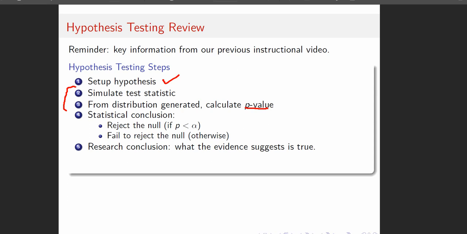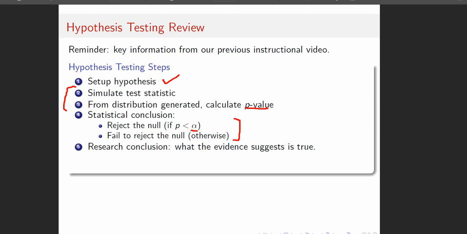And so we have two possible statistical conclusions. If p is less than 0.05, remember we said that the standard alpha we use is because of the lady tasting tea example with the father of modern statistics, Ronald Fisher. We use alpha equals 0.05, all right?